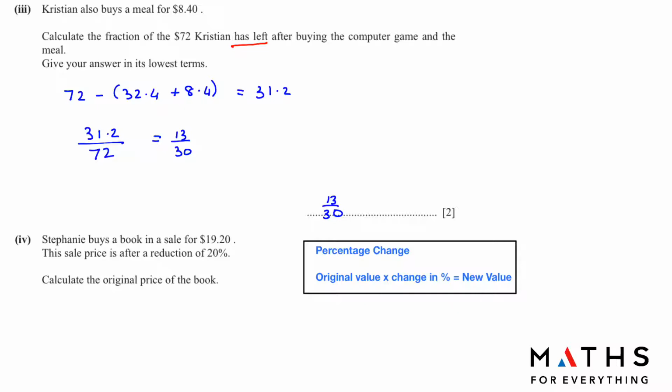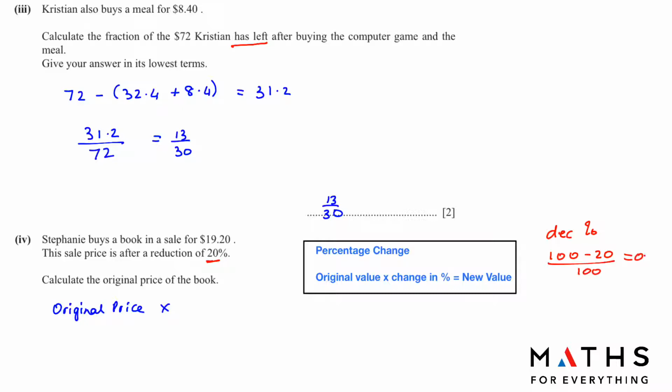So let's write down the original price of the book multiplied by the change in percentage. Now this is important. If it is a decrease in percentage, like the question we have, from 100 you minus the change, it is 20, and then you divide by 100.